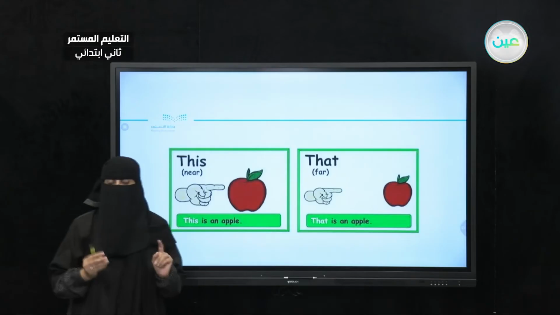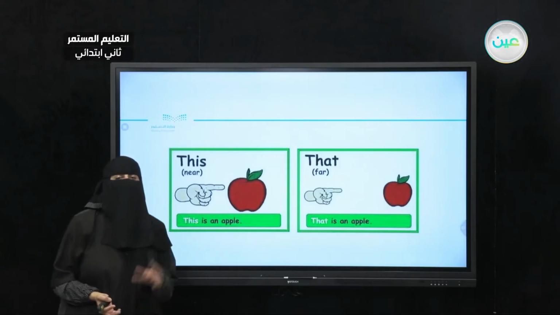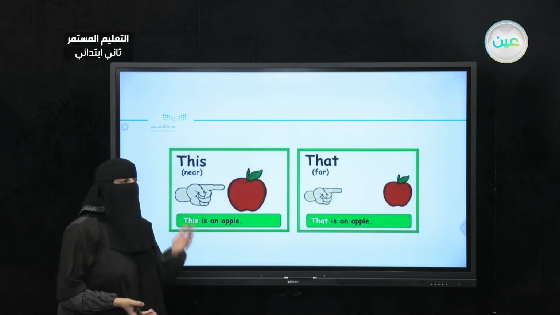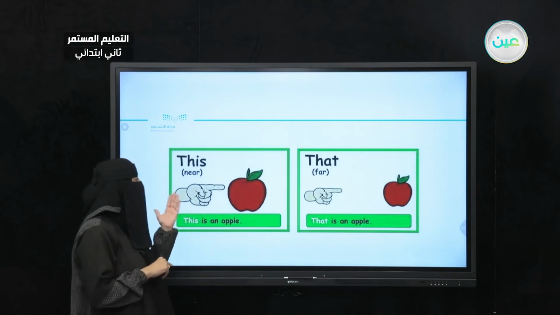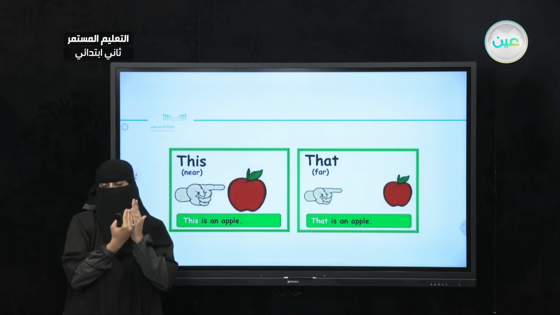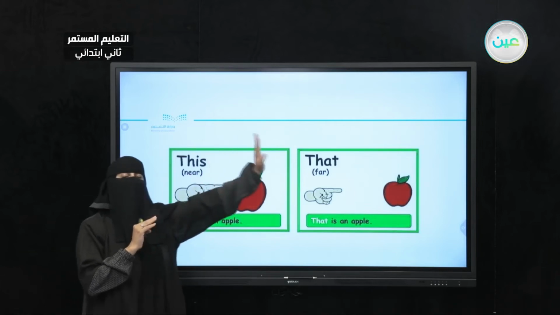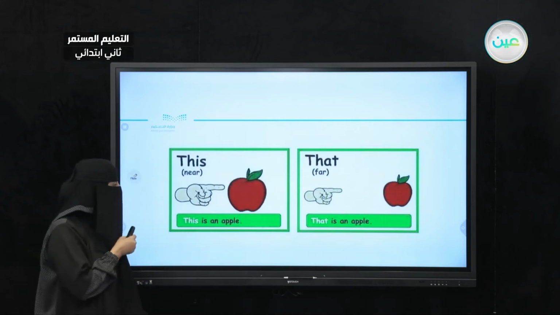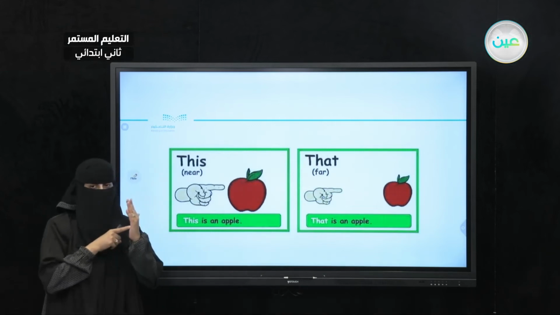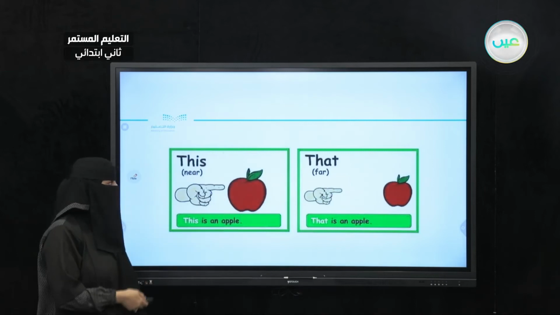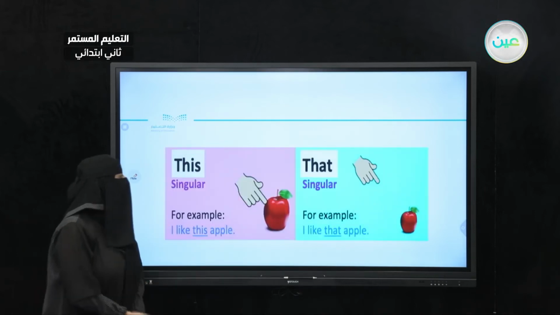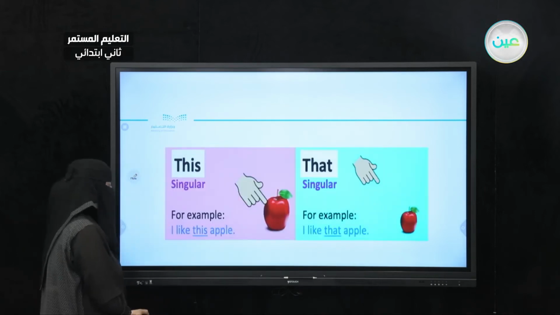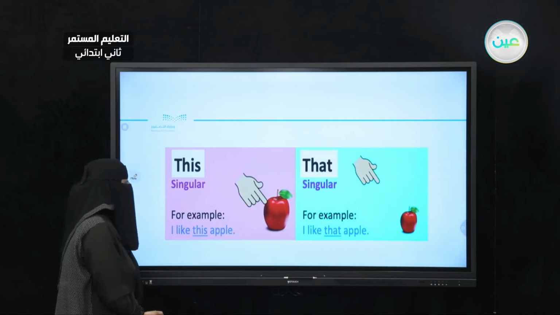So again, this and that are used with singular. I'll be using this with items that are near or close to me, and that with items that are far away from me. Like in this example, this is an apple, that is an apple. For example, I like this apple.